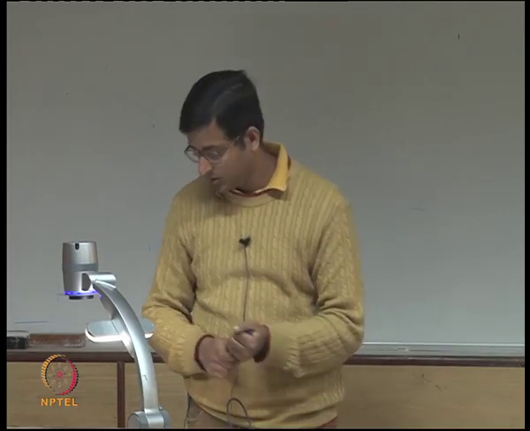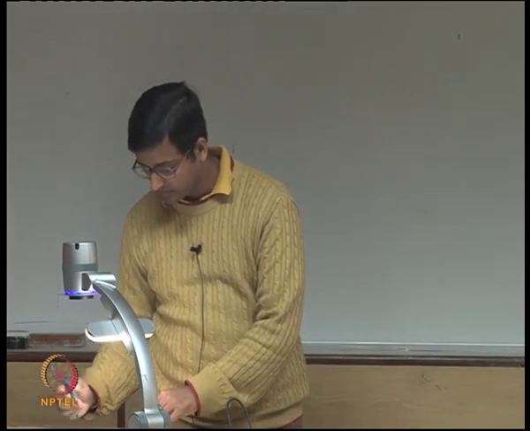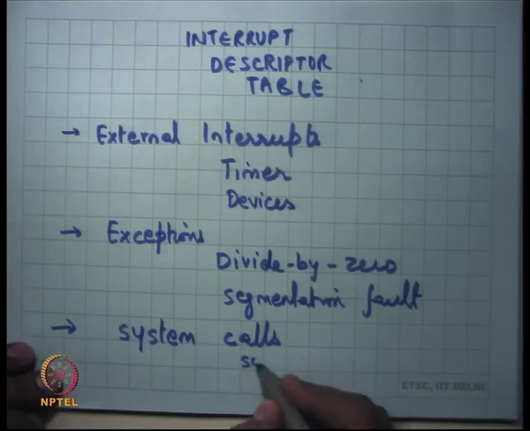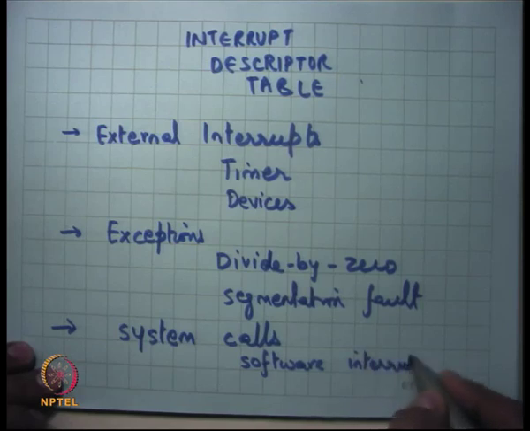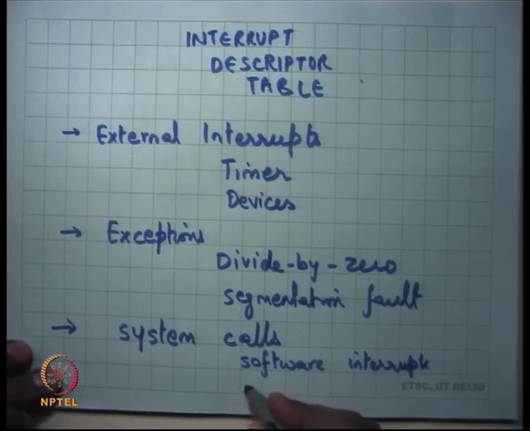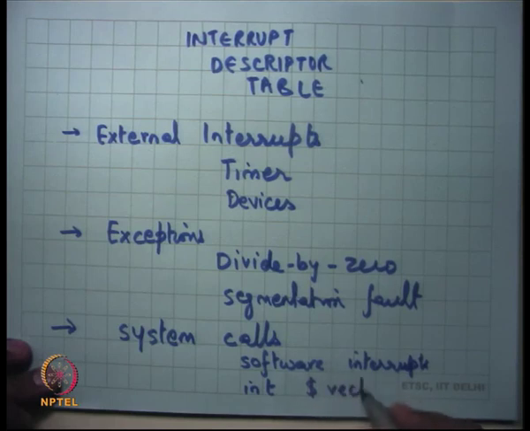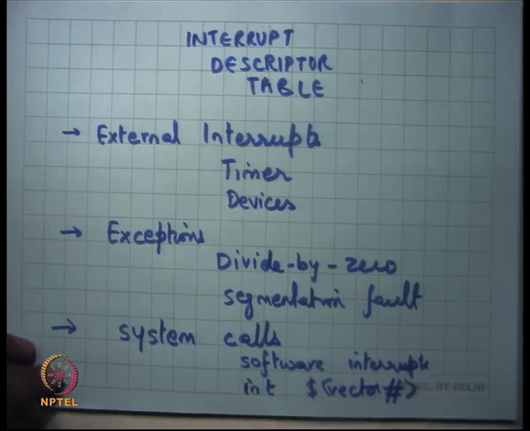Right. So one way to implement system calls is what's called software interrupts. Software interrupts are nothing but instructions of the form int dollar some vector number. So this int is the opcode of the instruction.